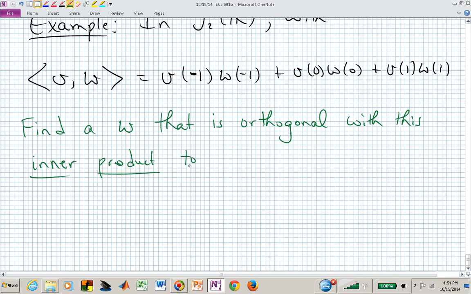And let's find a W that's orthogonal to a V of t that's equal to t plus 1. How might we go about finding such a W?